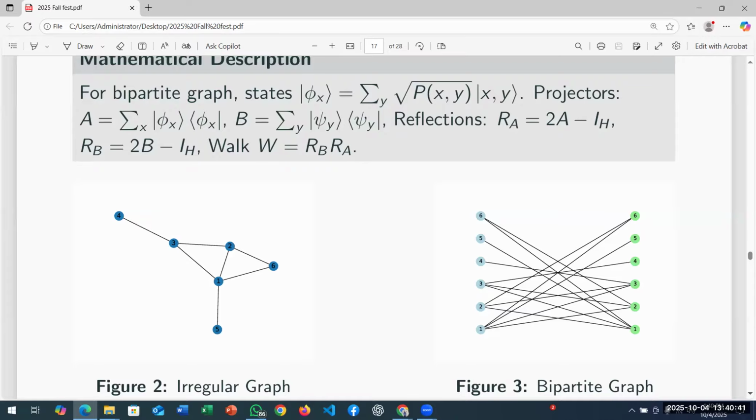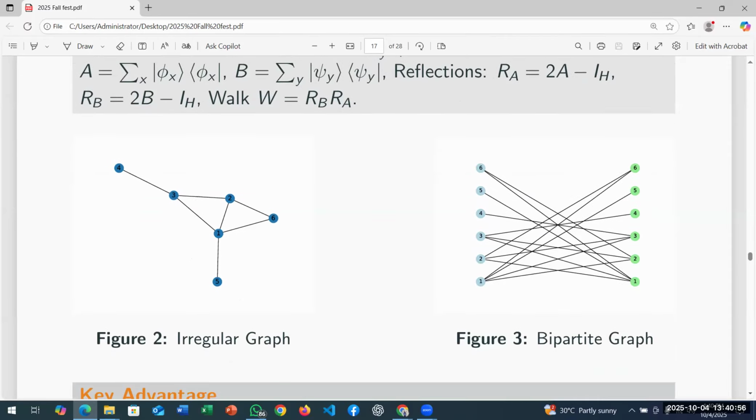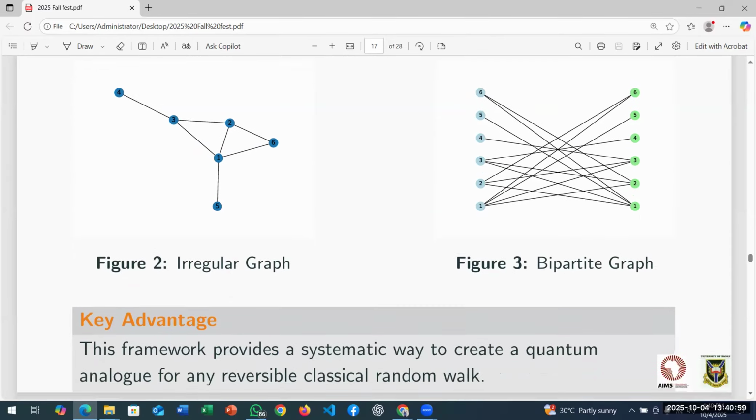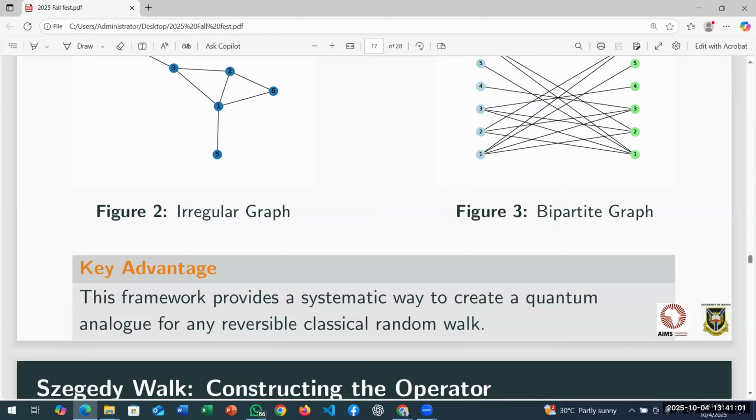This will give me the state, which is the multiplication of the reflections RA and RB. You will see the explicit example later.